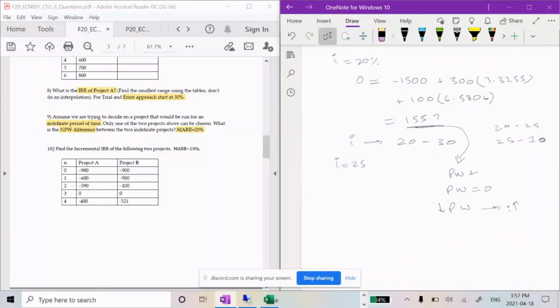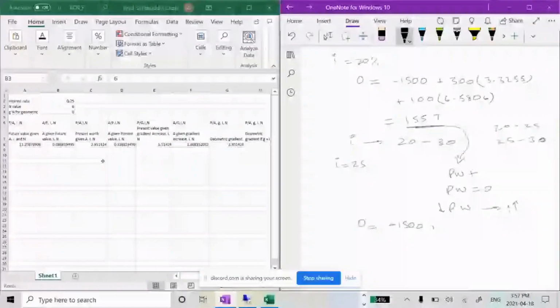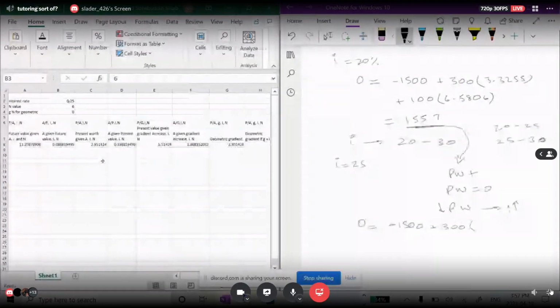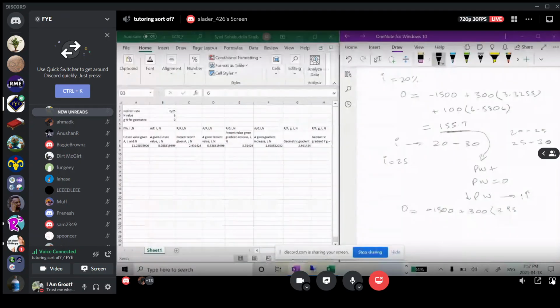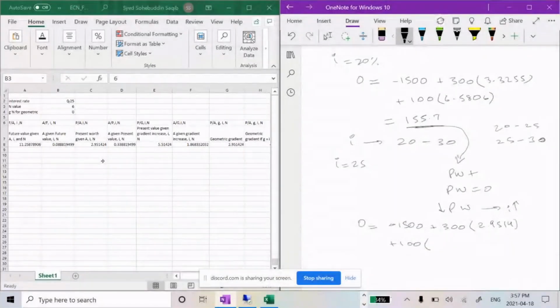Where is it? Right here, 0.25. So now we get 0 equals negative 1500, plus 300 into P/A, 2.9514, plus 100 into 0.5142.